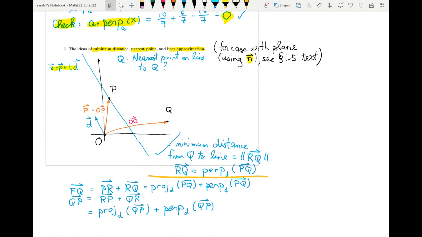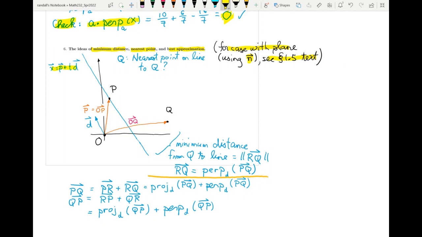I'm going to talk about these concepts, minimum distance and nearest point, in terms of a line in R2, but you can also do the same discussion with planes in R3, and I just make a note here that's in 1.5 of the text, and I'll do an example like that later on in these notes.